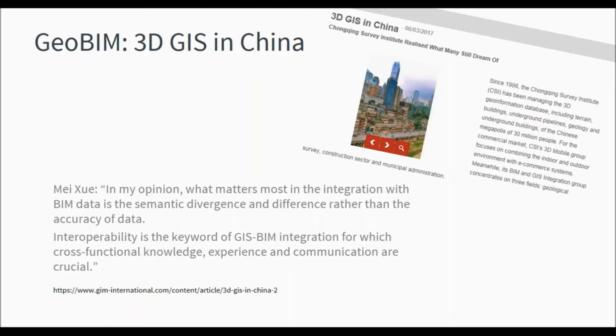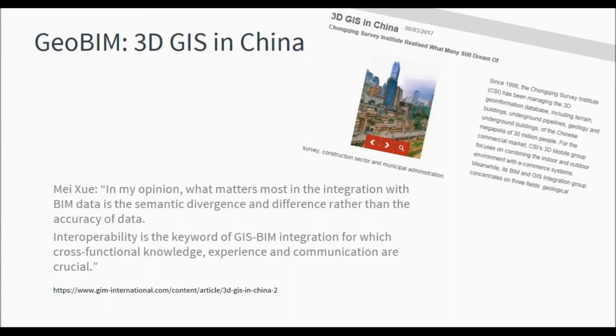data and BIM. So there was a fairly interesting article in the GIM International magazine recently that focused on the notion of a 3D GIS and how data in the urban environment can be integrated.